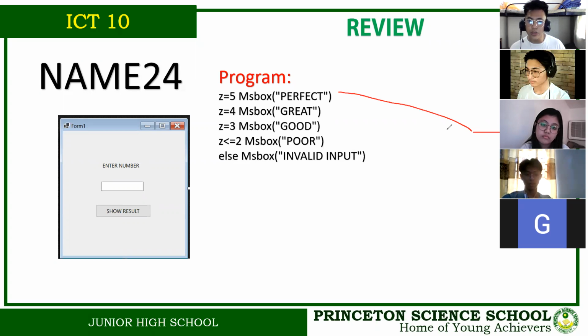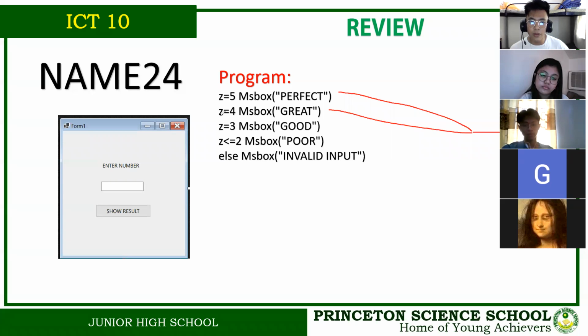It will go straight to that condition. For example, z equals 4. It will not consider the other conditions aside from z equals 4. So it is possible that z equals 4, but still this condition can be met. There are instances like that, but the select case cannot detect or recognize it.